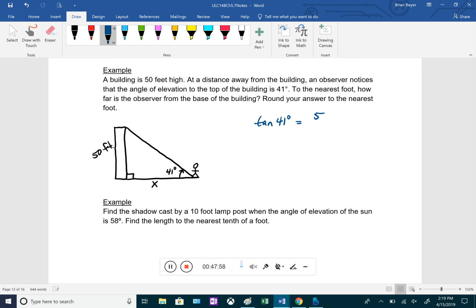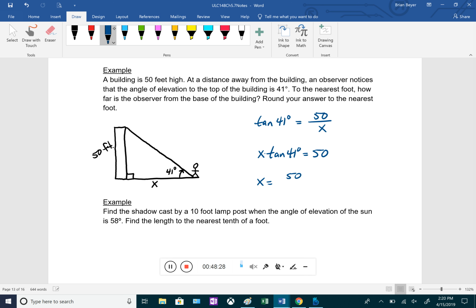We solve this for x. Essentially, all we have to do is cross-multiply. We multiply both sides by x, and then divide both sides by tangent of 41 degrees. I'll do it in two steps: we cross-multiplied x over, and now we divide both sides by tangent 41 degrees.